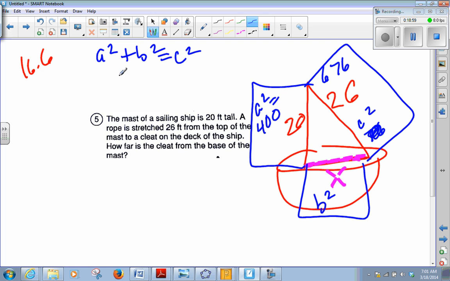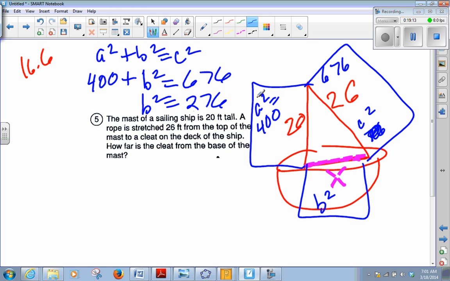So A squared is 400 plus B squared is our missing amount equals C squared. That's 676. I've got to subtract, so B squared is going to be 276 after I subtract that 400 from it. So I'm going to have to find the square root of 276. So it's going to be about 16.6.